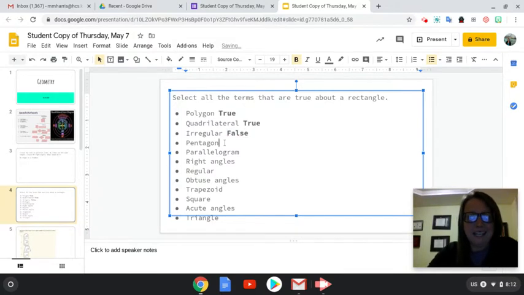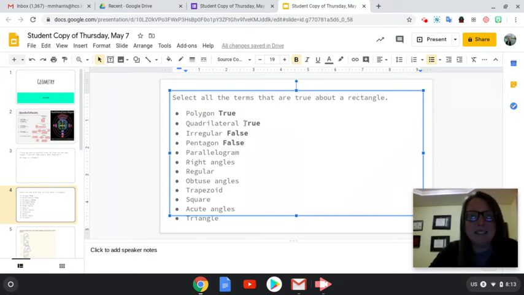All right. A pentagon. How many sides does a pentagon have? Very good. It has 5 sides. Can a rectangle be a pentagon then? No, that is false.